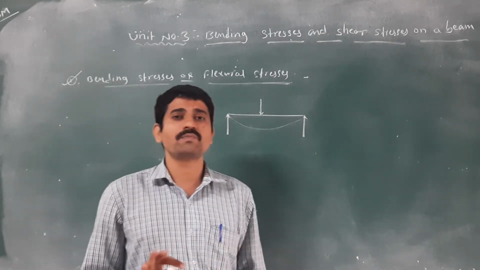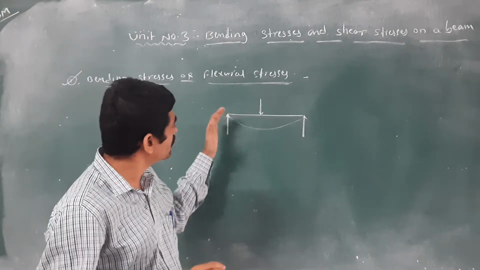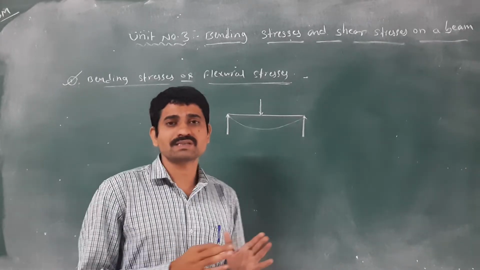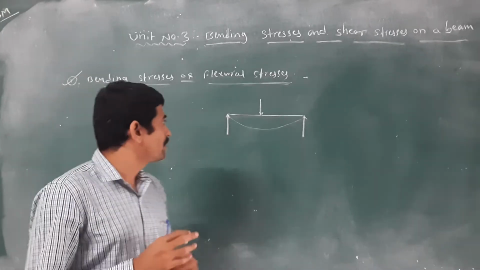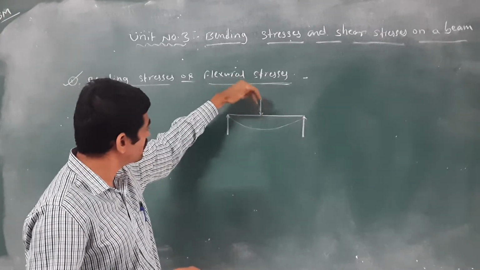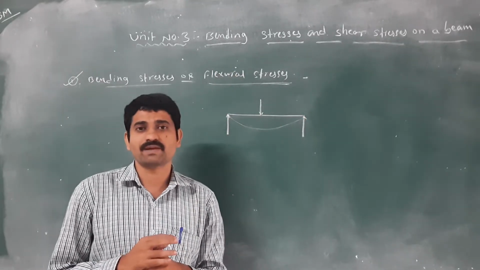Otherwise, this beam will not bend. We are not considering self weight here, and we will consider some assumptions. We will go through the details, but remember that if there is external transverse loading, then this beam will be bent in this way.